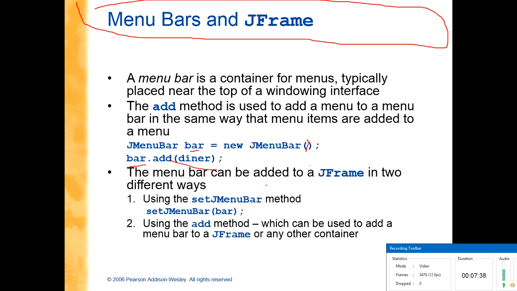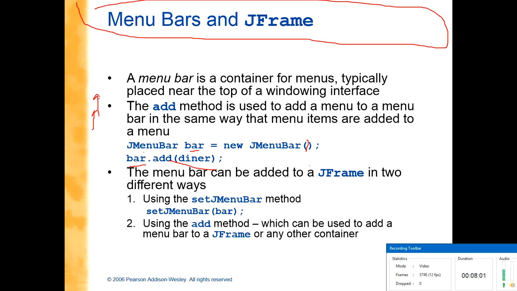The menu bar can be added to a JFrame in two ways. Now we have to set the JMenuBar. Now the menu has been added to the menu bar. The last thing is we have to place the menu bar. So I repeat the hierarchy again. The menu item is added to the menu. The menu is added to the menu bar.